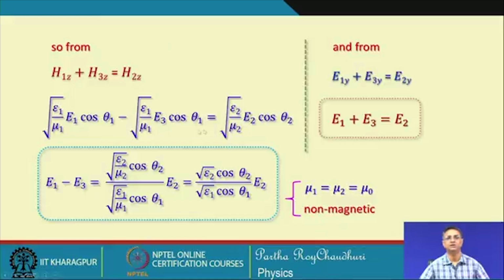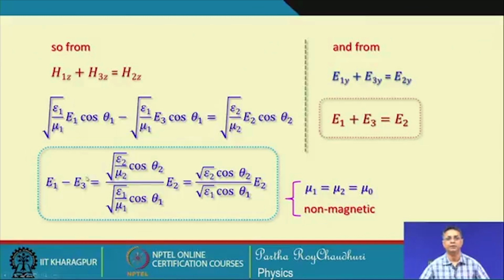So, this is the equation that gives you the continuity condition for the magnetic field, and if we rearrange this equation in terms of E1 and E3 on the left hand side, on the right hand side you will have this E2 multiplied by this factor. So, E1 minus E3 is equal to this quantity, which includes the permittivity constants of the medium, multiplied by E2, and from the electric field continuity condition, the tangential component of the electric field is already continuous. So, E1 plus E3 equals E2.